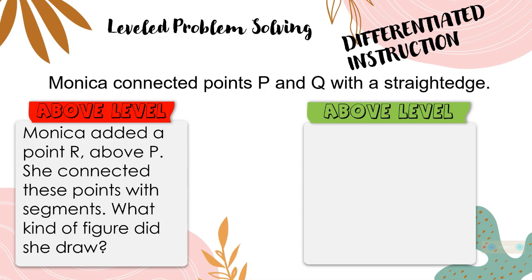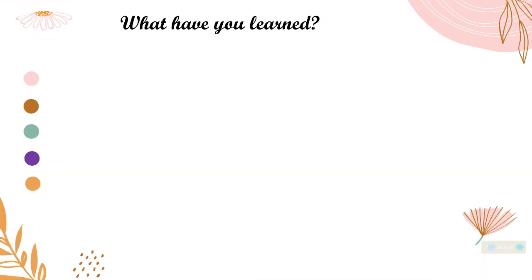So what do you think? Okay, that is a triangle. Although this is not part of our lesson for today, this will be our topic next week. Any question? I hope you develop your higher level of thinking.